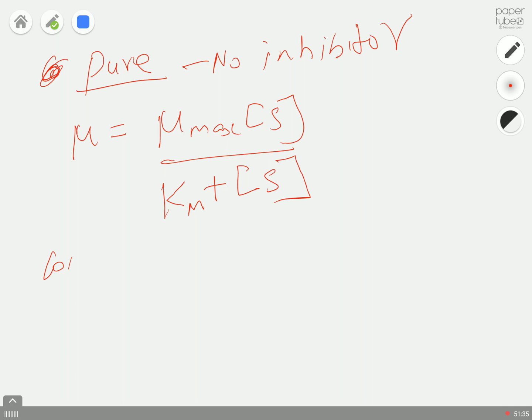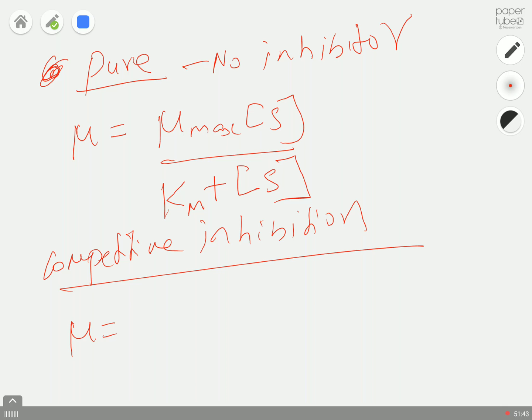When you experience competitive inhibition, then mu will be equal to mu max S over alpha Km plus S. I think, let me check, I don't want to make any mistake.